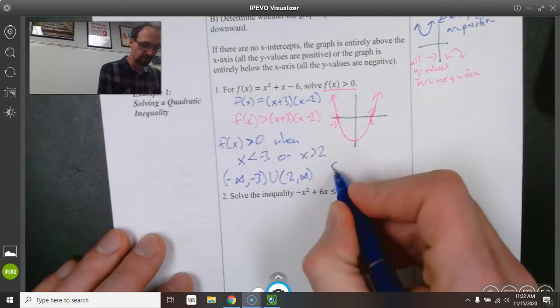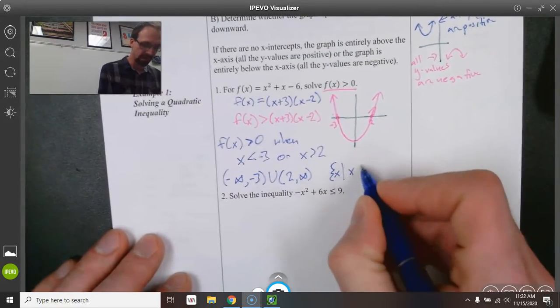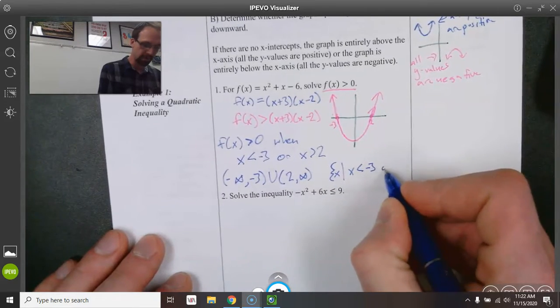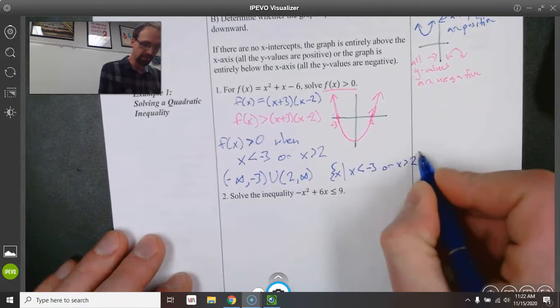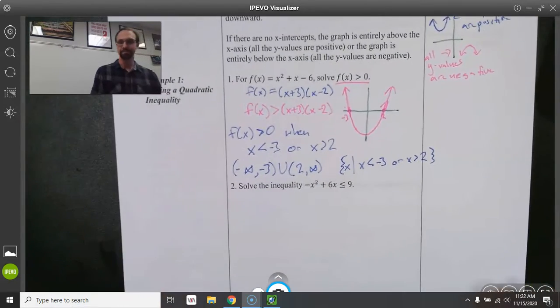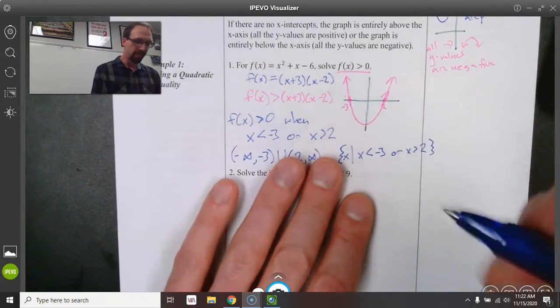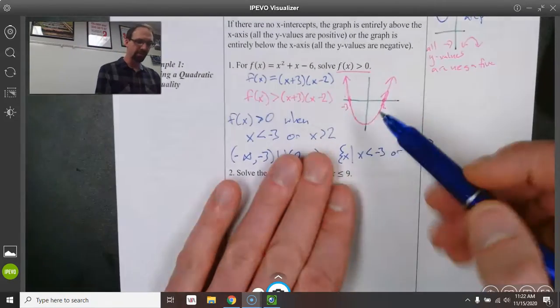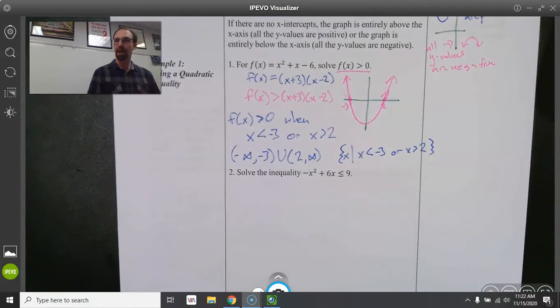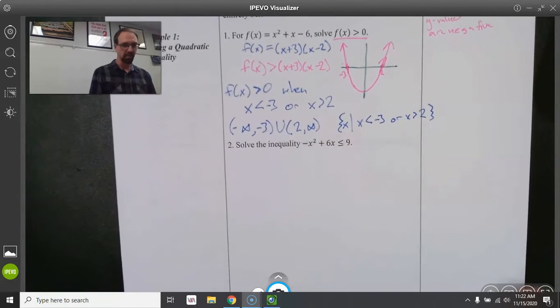I could do set notation: the set of x's such that x is less than negative 3, or x is greater than 2. The best way to solve these after you factor it is to visualize what's going to happen on the graph when it's going to be above or below, using the techniques that we've discussed already.